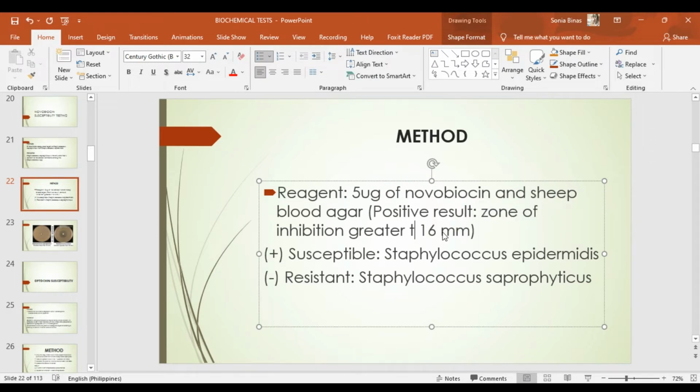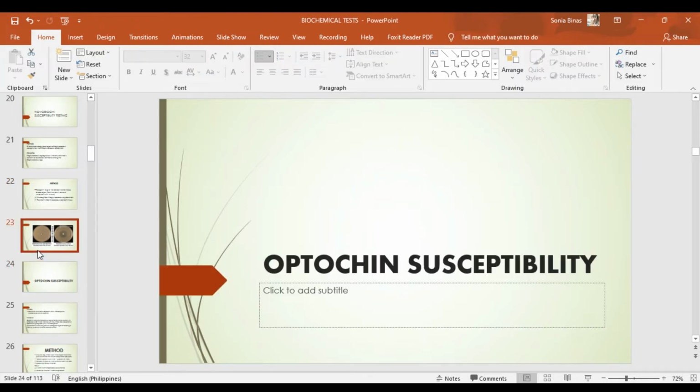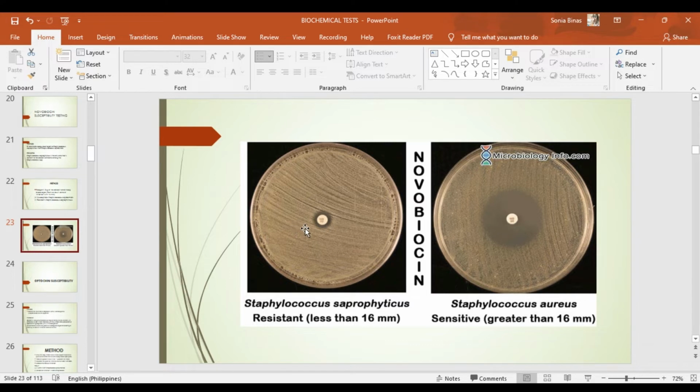So, again, makikita nyo na ang ating Staphylococcus saprophyticus is resistant. Wala tayong makikitang clear zone of inhibition around the disc.